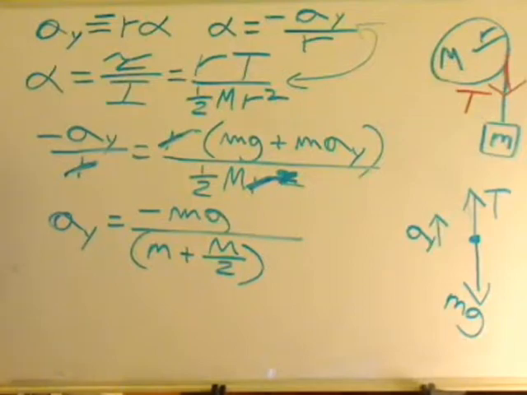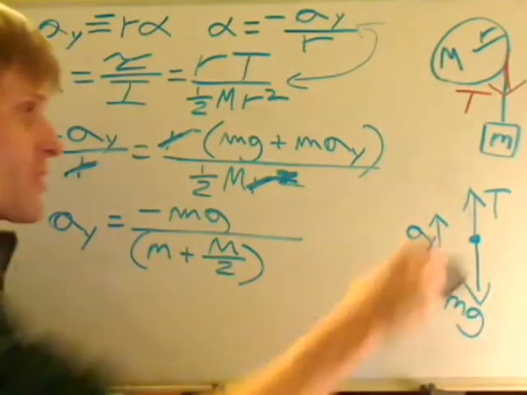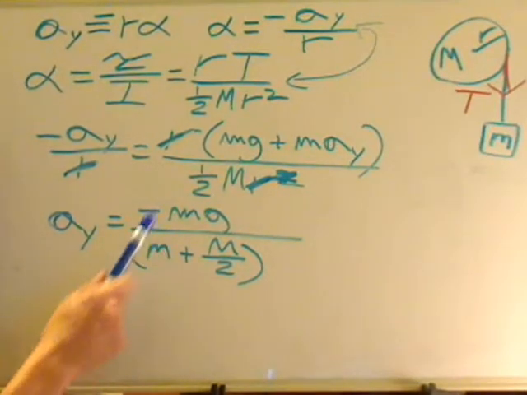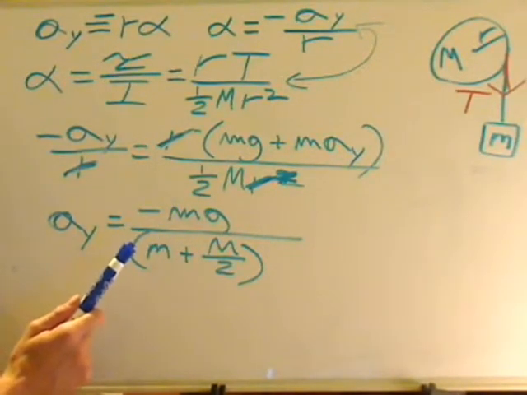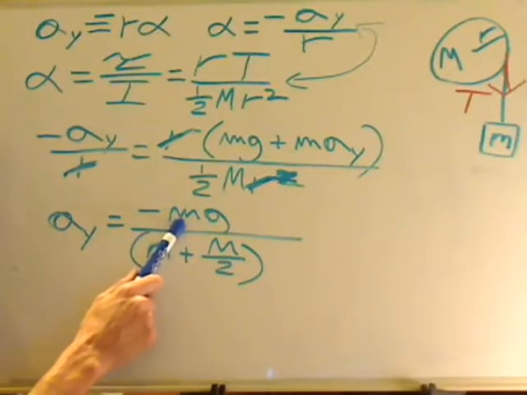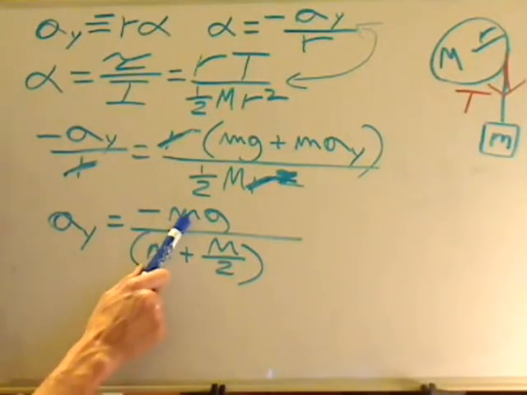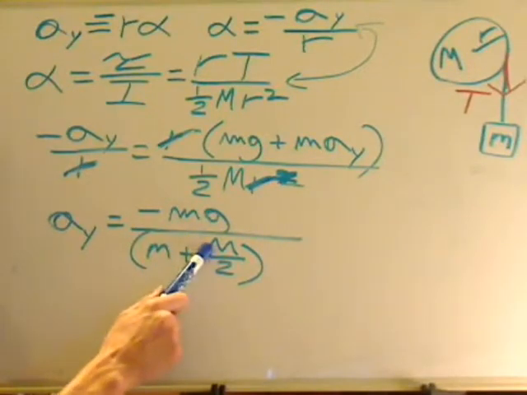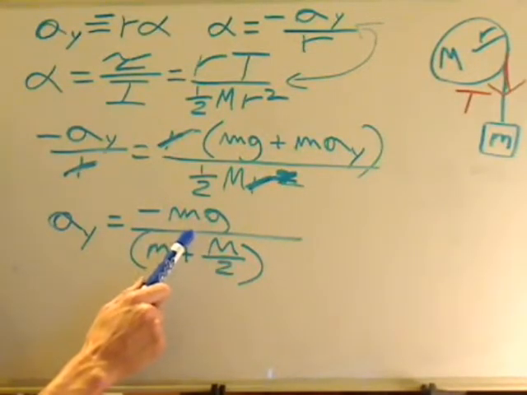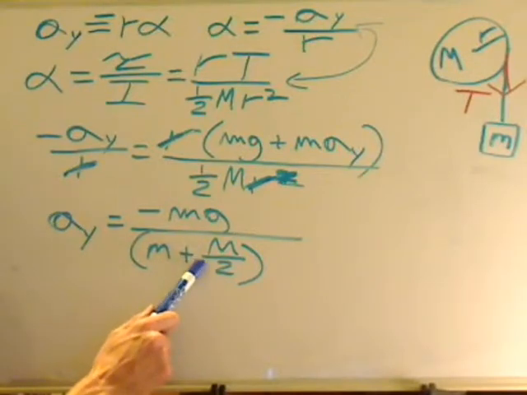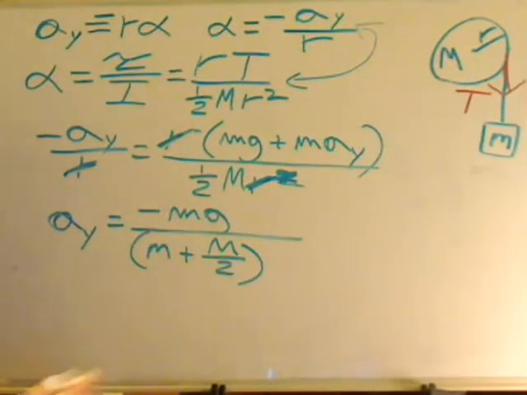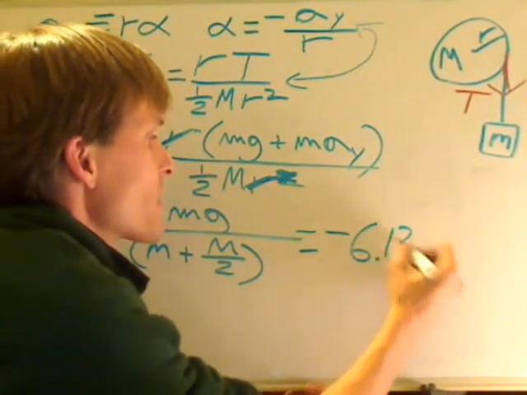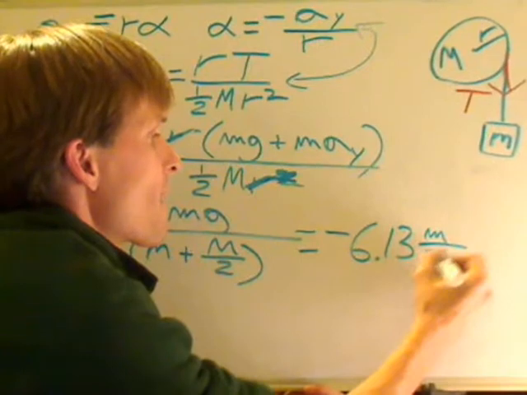Now I am actually going to erase our little diagram here. So we plug in the values we're given in the problem. Little m is 2.5 kilograms. That goes in these two places. g is 9.8 meters per second squared. Big M is 3 kilograms. So you do that calculation, you get the number negative 6.13 meters per second squared.